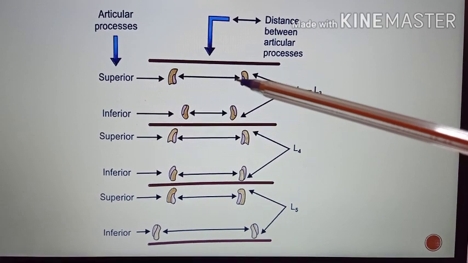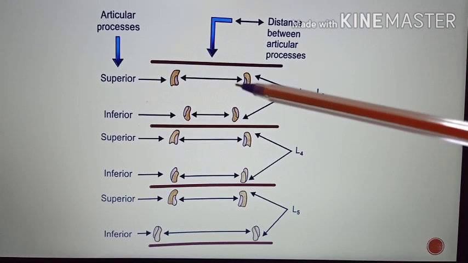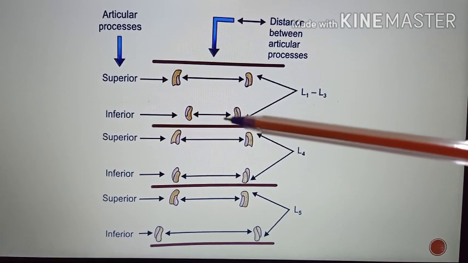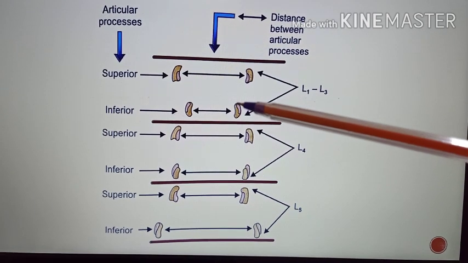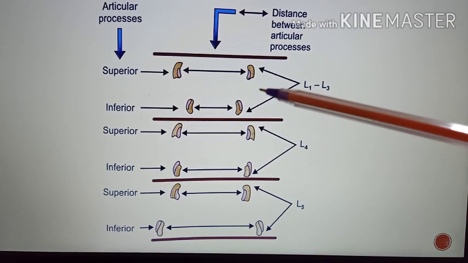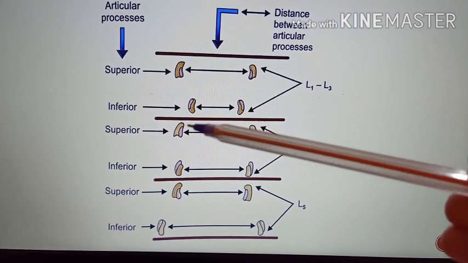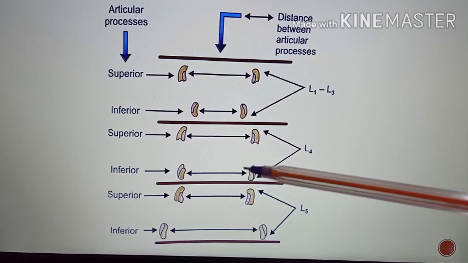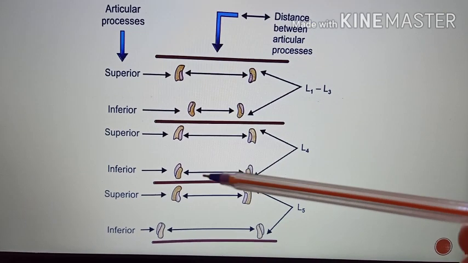The distance between the superior articular processes is relatively more than that between the inferior articular processes in the upper three lumbar vertebrae. In the fourth lumbar vertebra, the distance between the superior and inferior articular processes is approximately equal.